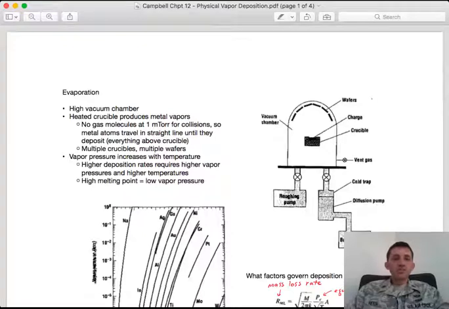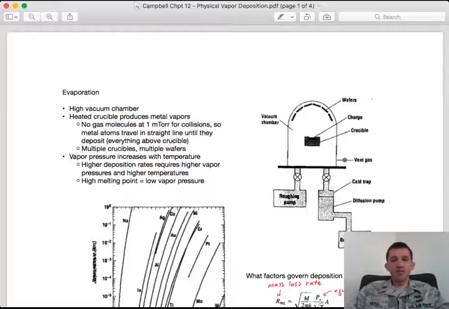Melting just means that all of the atoms have enough energy to overcome the intermolecular bond, right? And so it forms a melt, and they can move around. They form a liquid, and above a liquid, you're going to have a relatively high vapor pressure. And so if you have a strong intermolecular bond, you have a high melting point.